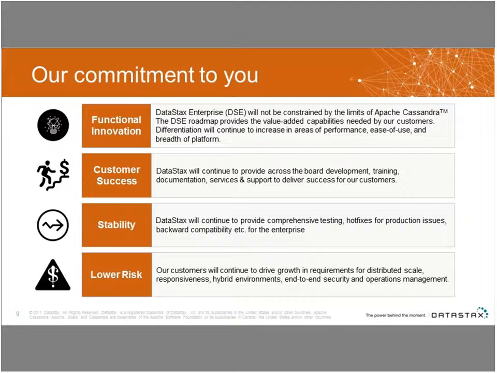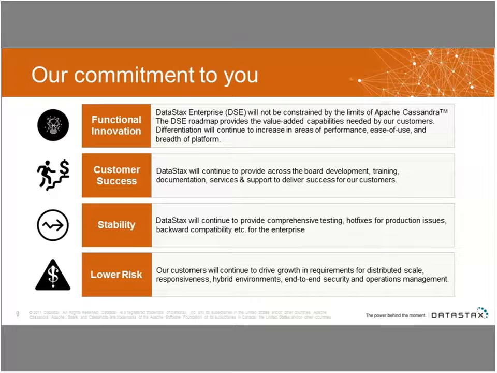And then there's stability. Of course, we're going to be providing comprehensive testing. I'll talk about that a little bit later, about how we test at scale. Hot fixes for your production issues. Remember, we will port backwards bug fixes to your version of DataStax Enterprise.